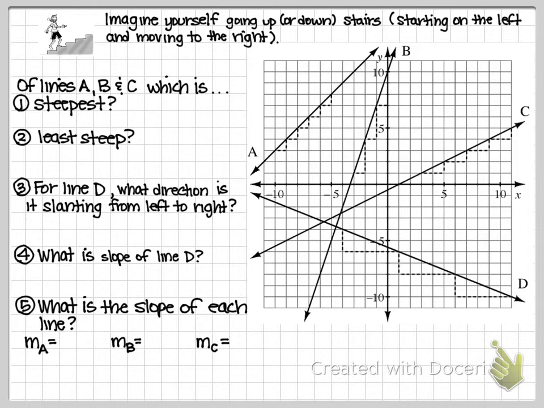Now, the steepness has nothing to do with whether you're climbing up the stairs or down the stairs. It's just how steep is it as you are traversing it, up or down. So if we take a look at these graphs, and we're going to look at lines A, B, and C specifically, I just want you to look visually and see, out of A, B, and C, which line do you believe is the steepest?